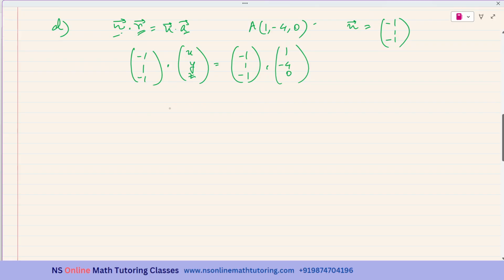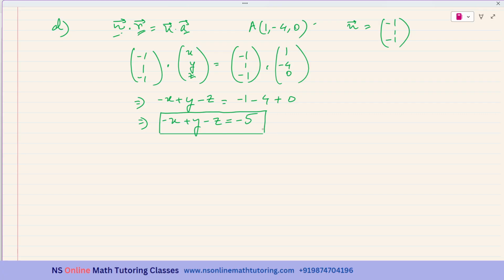So this is minus x plus y minus z equal to minus 1 and minus 4, and this is 0, so I can write plus 0. Therefore, minus x plus y minus z is equal to minus 5. This is the Cartesian equation of the plane pi 1.